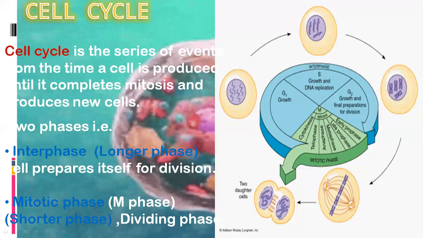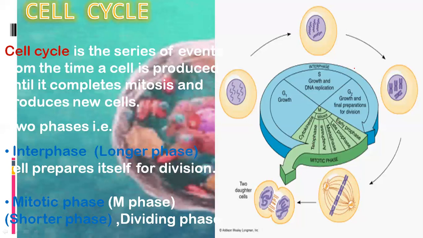That's why it's called interphase. It is the longer phase, and the cell prepares itself for the cell division here. And the mitotic phase, called the M phase, is the shorter phase and is also called the dividing phase. After this, the cell divides into two.